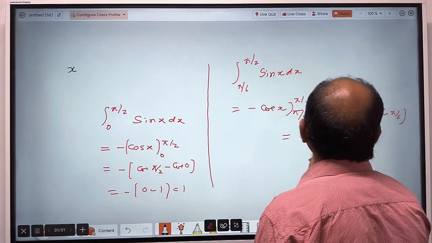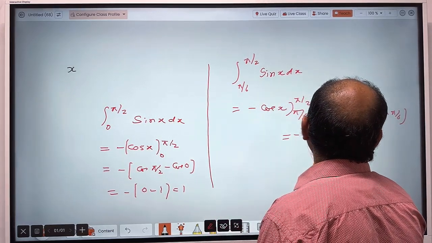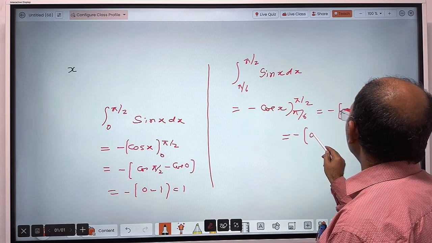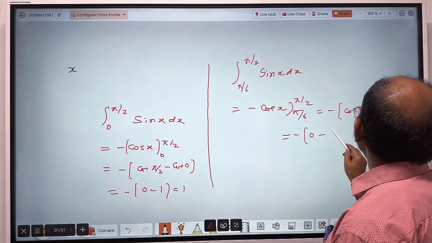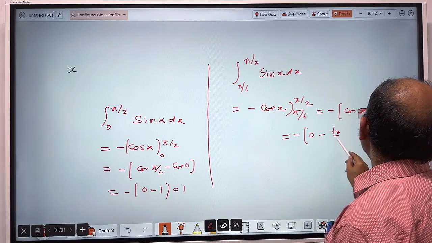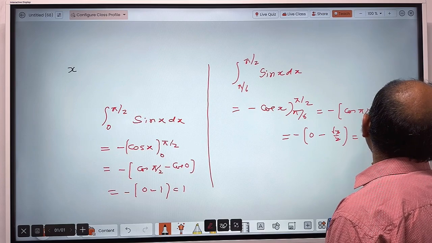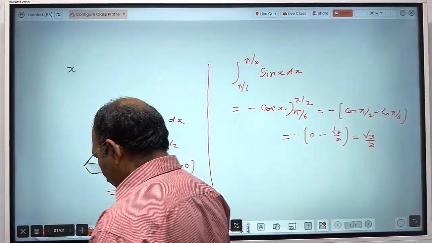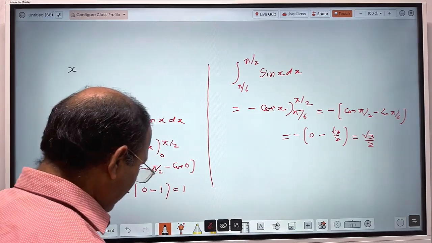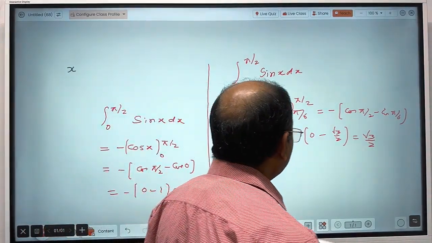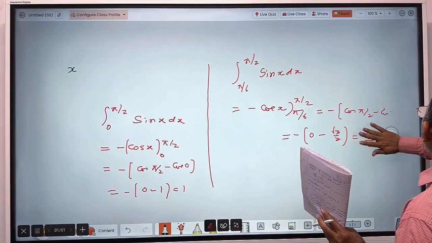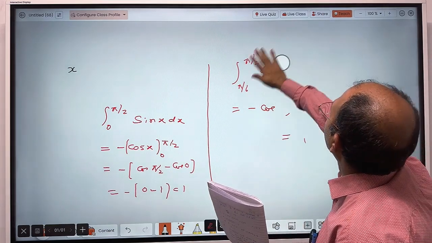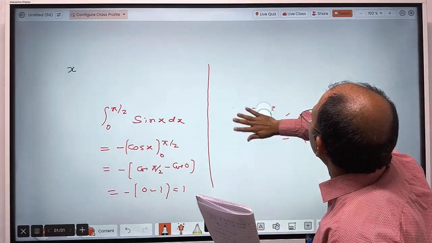Then we can put the values. If you remember, cos pi by 2 means 0, minus cos pi by 6, it is root 3 by 2. So this will give root 3 by 2. It is simple. You can take any other question with the limit and you can easily get. So this is just basic, which will be helpful while doing some problems based on physics.